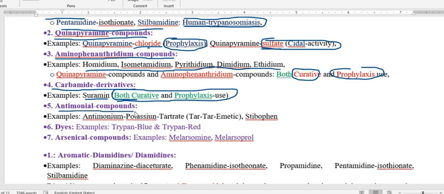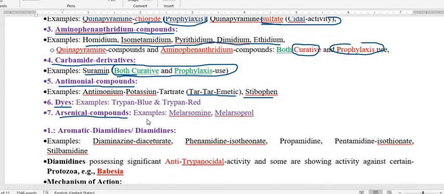The next three groups we are not using nowadays because we have better, safer options: antimonial compounds, dyes, and arsenical compounds, because of their low margin of safety. From the antimonial compounds for trypanosomiasis, the drugs are tartar emetic, that is antimony potassium tartrate, and stibophen. The dyes used for trypanosomiasis treatment are trypan blue and trypan red.